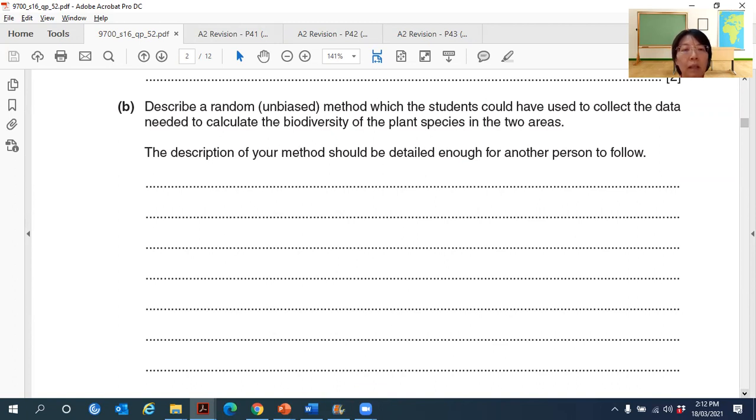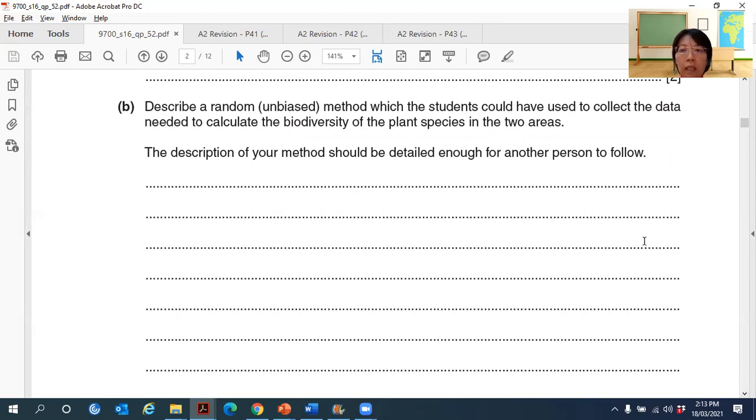That means plan your experiment and write down the detailed method in order for you to obtain the data, which is the number of individuals of each species and the total number of organisms, so that you can calculate the Simpson's Index of Diversity. You have to write all the methods involved in doing the sampling so that you can get accurate as well as reliable results.